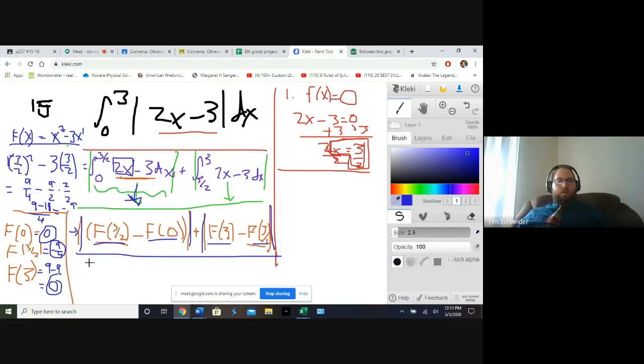Okay, so what this is, is the absolute value of negative 9/4 minus 0, plus 0 minus negative 9/4.